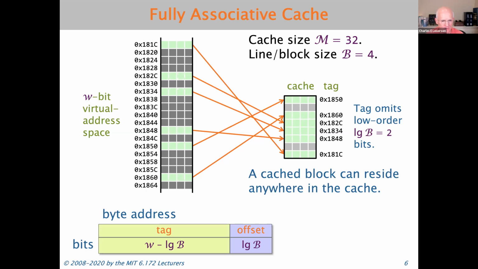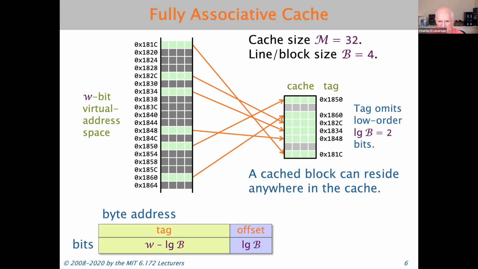The reason is that we're only indexing the cache blocks, and all the cache blocks start with 2 zeros at the end, in general log B zeros at the end. So you only need a tag that is W minus log B bits. The other log B bits are used to index the offset in the cache, but they don't have to be stored in the cache.